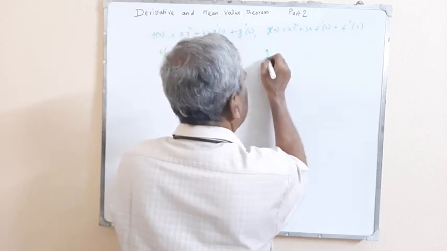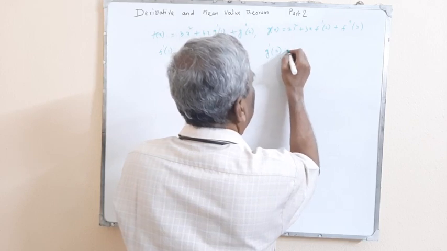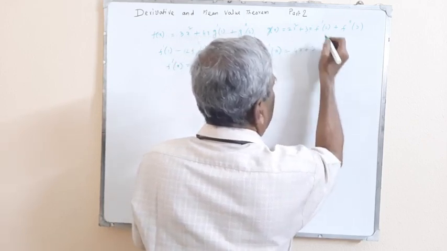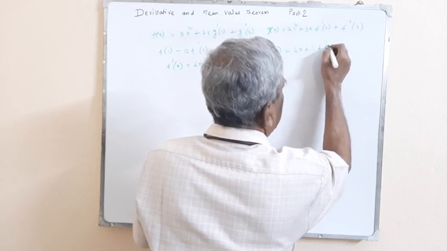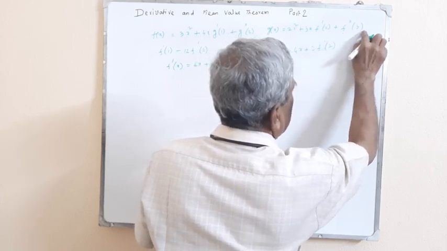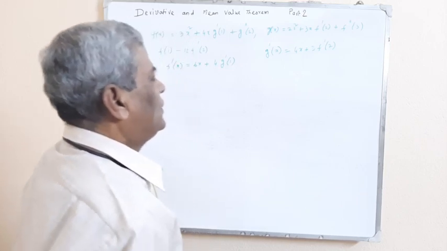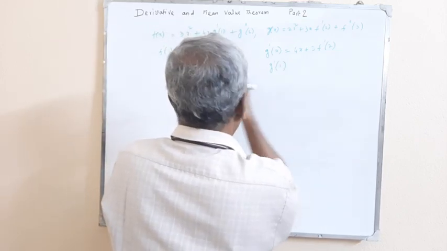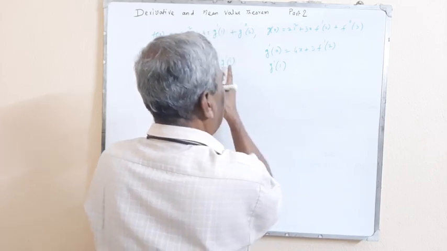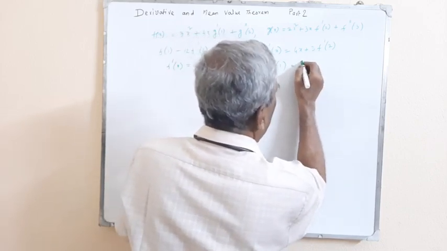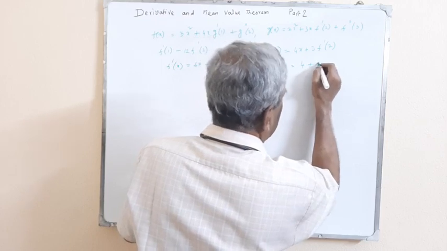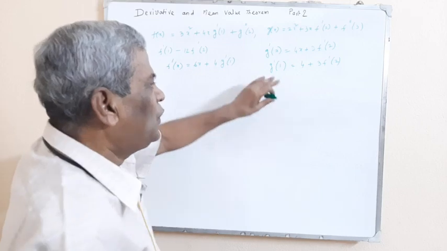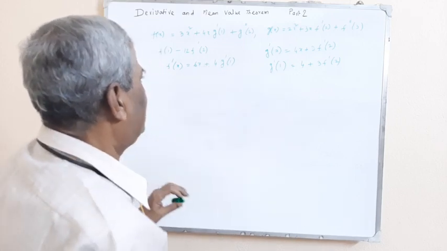g dash x is equal to 4x plus 3 into 1 into f dash 2. This is constant, derivative is 0. So g dash 1, we want g dash 1. g dash 1 is equal to 4 plus 3 f dash 2. Now put this value over there.